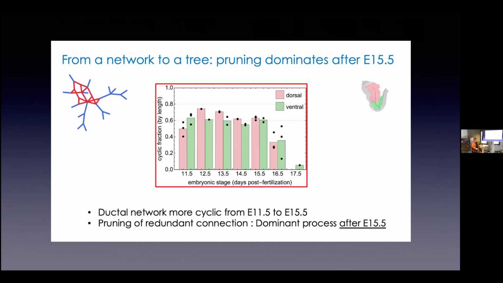You have to be filling in more and more cycles. And if you look at the cycles over time, that definitely goes up. So you're creating more cycles, but at essentially a constant ratio. And so there's somehow both creation of cycles and pruning of cycles going on in balance, and then the creation goes away and the pruning dominates somehow.